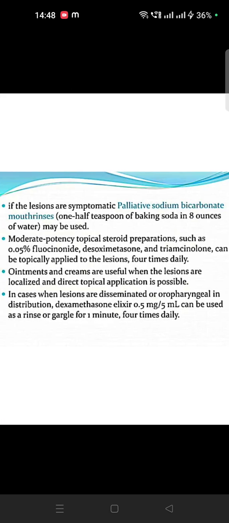If symptomatic, palliative sodium bicarbonate they can give: half a teaspoon of baking soda mixed in 8 ounces of water. A moderate-potency topical steroid such as fluocinonide, dexamethasone, and triamcinolone they can use as an ointment. For lesions of disseminated oropharyngeal distribution, dexamethasone they can give. This is for the gastrointestinal disorders.